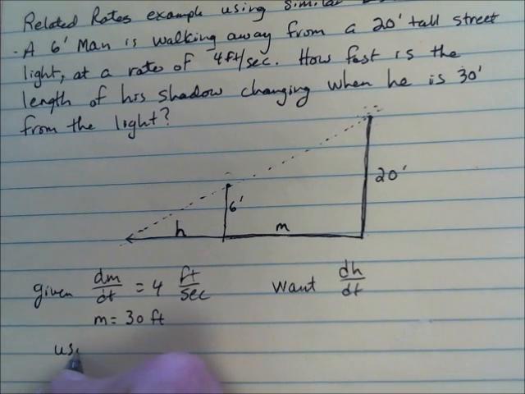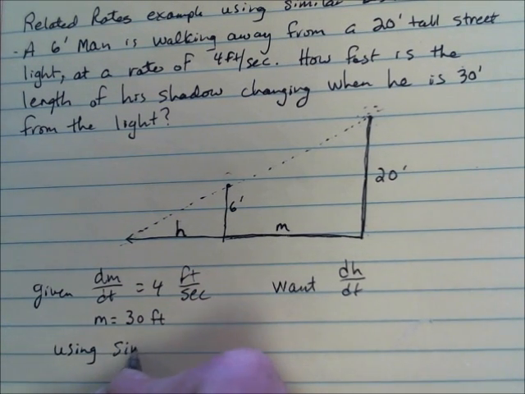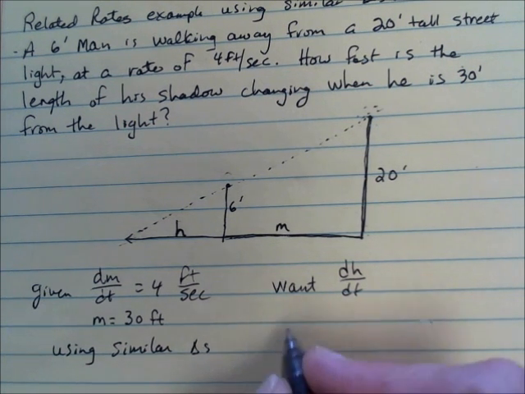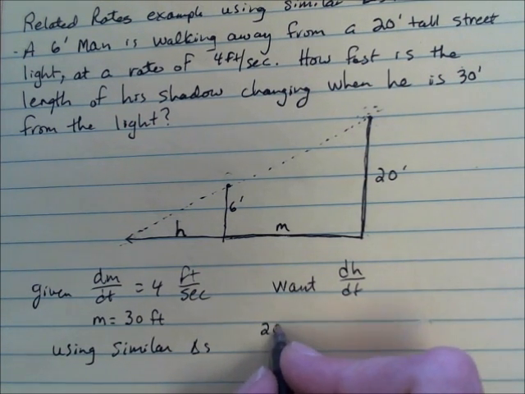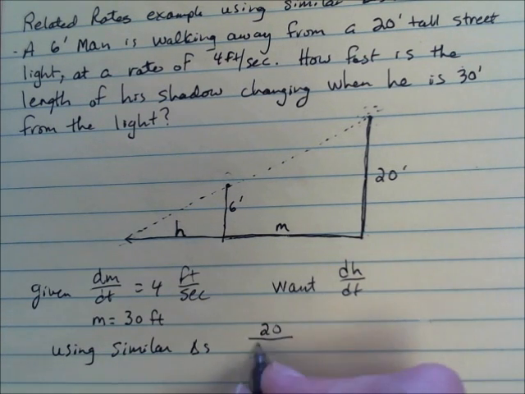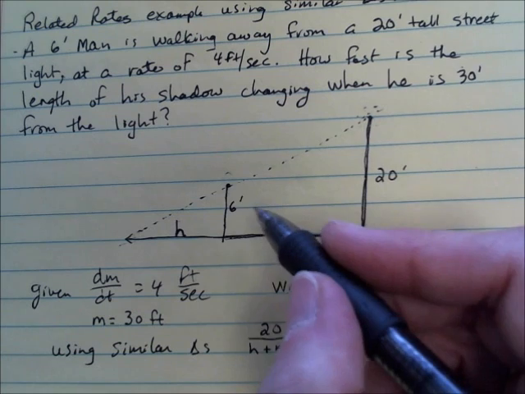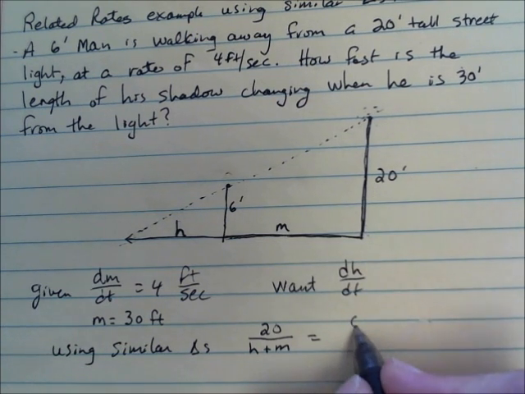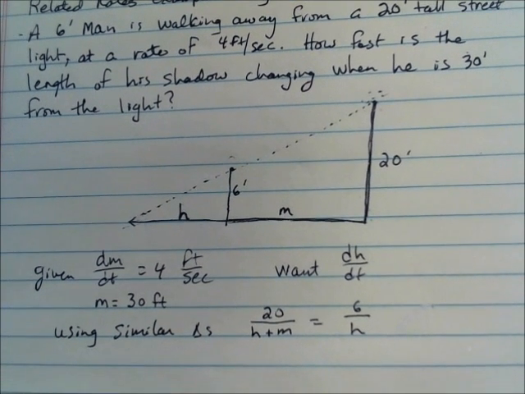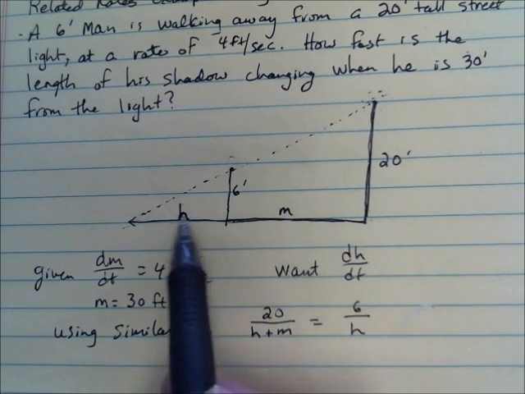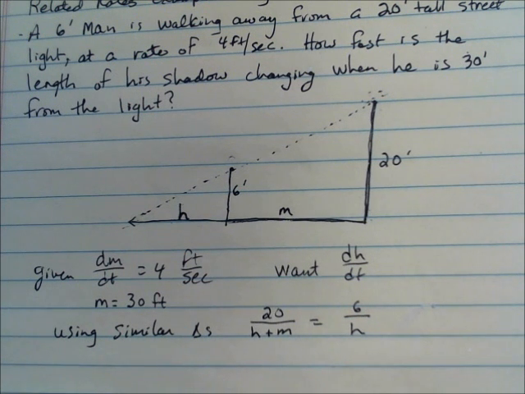So, using similar triangles, taking you back to geometry class, we have 20 over this whole base, which is h plus m, is equal to this height, 6 feet, divided by just plain old h. And now what we have is a formula that relates our two variables, the h and the m. And so we can take derivatives and plug in our given values.